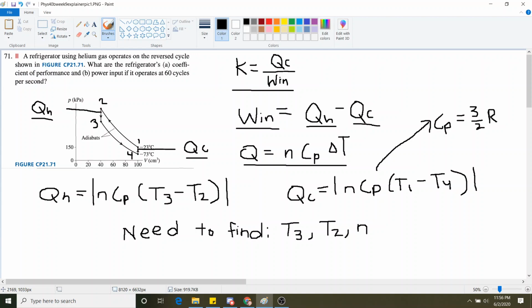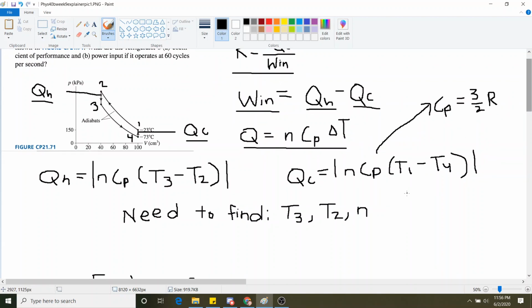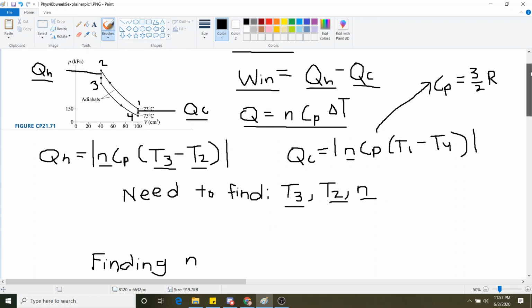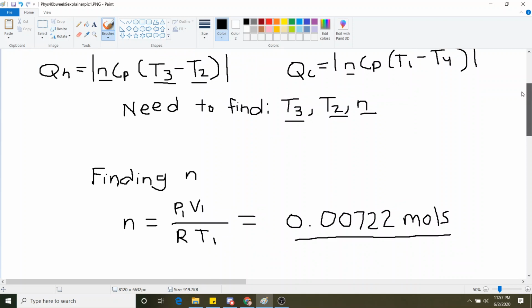In order to find both of these, we're going to need to know a couple of variables. Some of the missing variables are N, which is present in both solutions, and T3 and T2, which we're going to need to find QH. So first of all, we can start off by finding N by using the ideal gas equation.